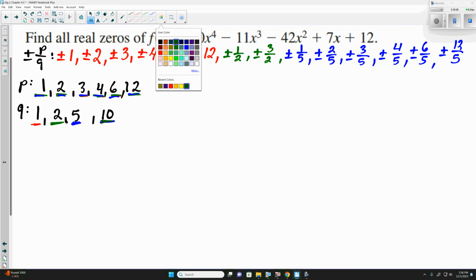So we also have to do it with 10. The first one we would have is 1 over 10, which is plus or minus 1/10. And then we would do 2 over 10.